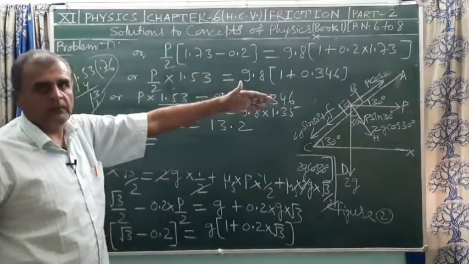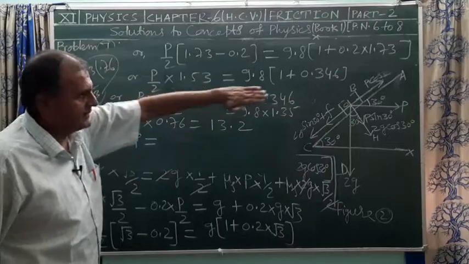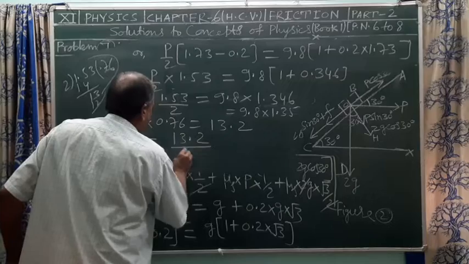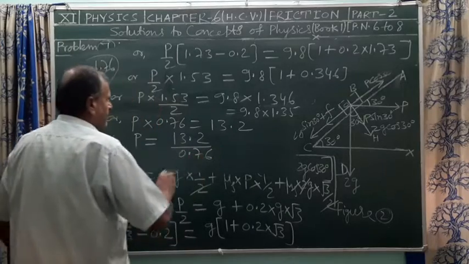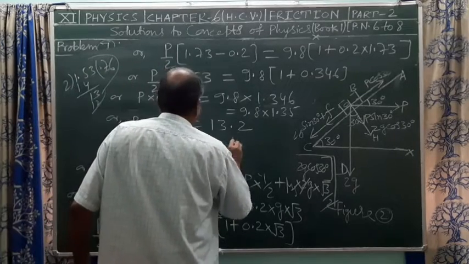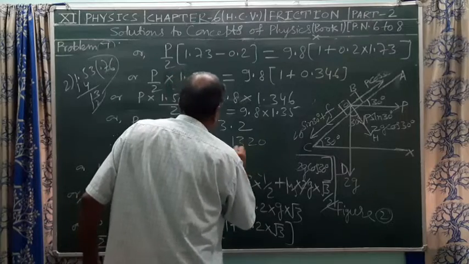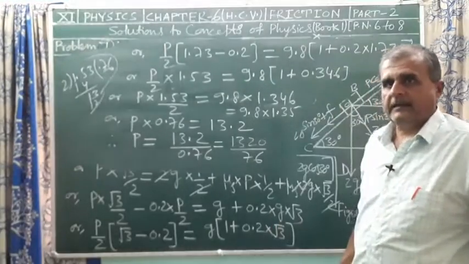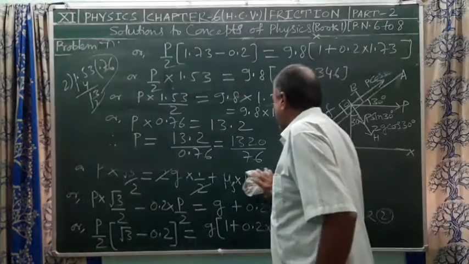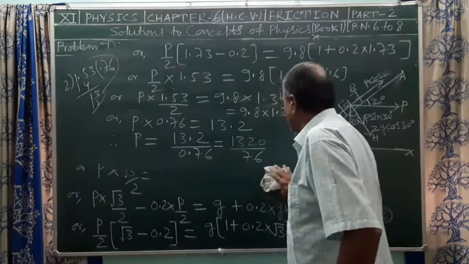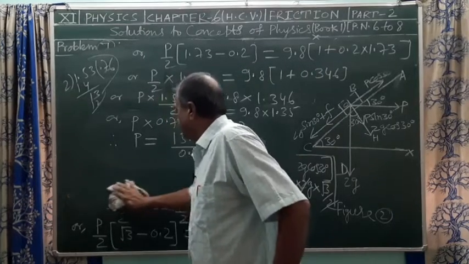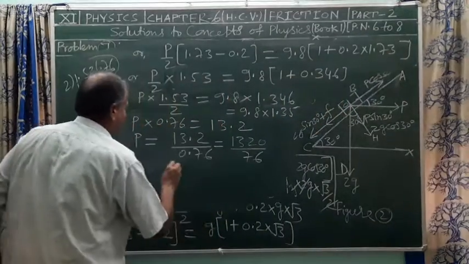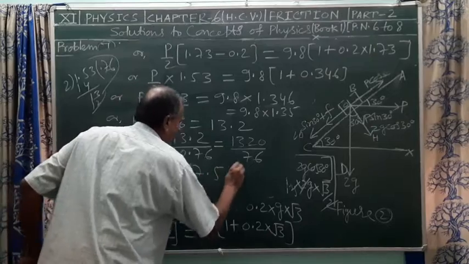So the magnitude of the force acting on the block in the horizontal direction is P equal to 13.2 upon 0.76, and it is 1320 upon 76. If we divide 1320 by 76 we can obtain the value of P as 17.5 Newton.